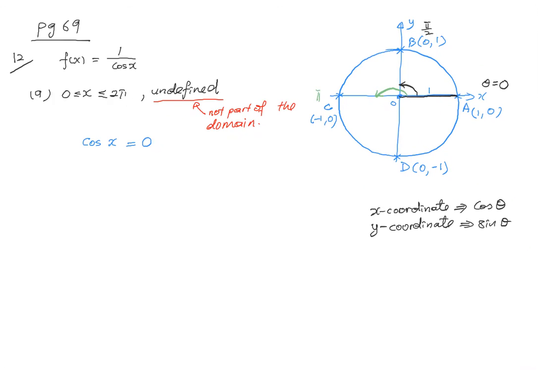If the angle turns until here, what is the size of the angle? 1.5 pi, correct? 3 pi over 2. 1/4 is pi over 2. 3/4 is 3 pi over 2.